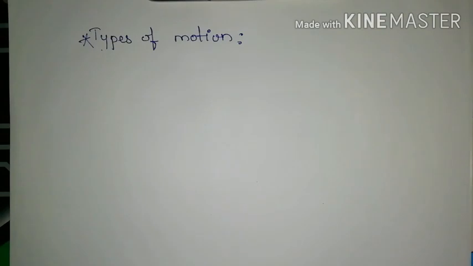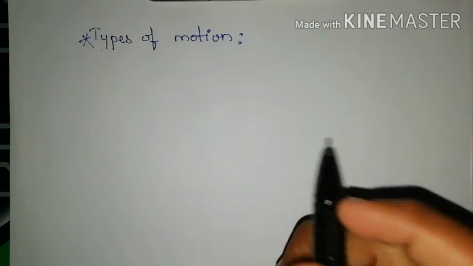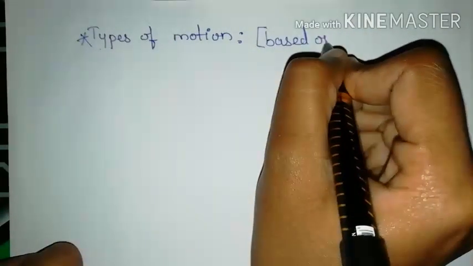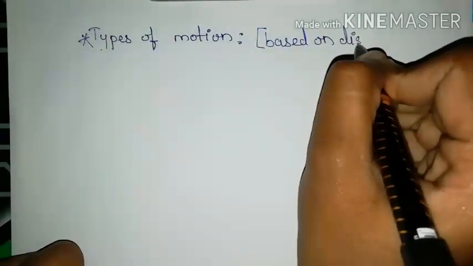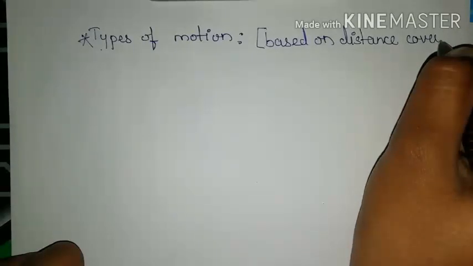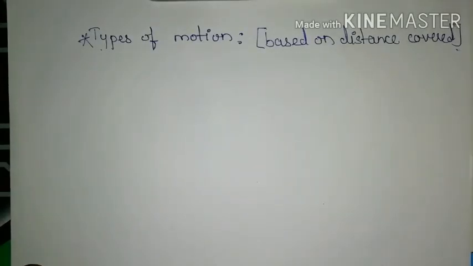Now in this kind of types of motion, we study how much distance is covered in how much time taken. So, based on distance covered, we classify motion into two types, based on how much distance is covered in a given time.